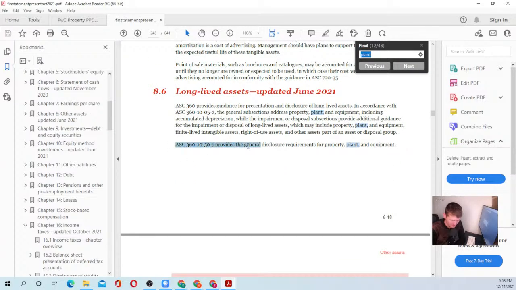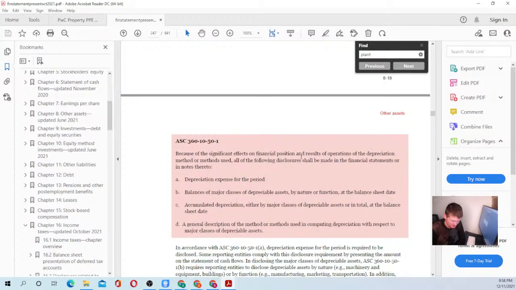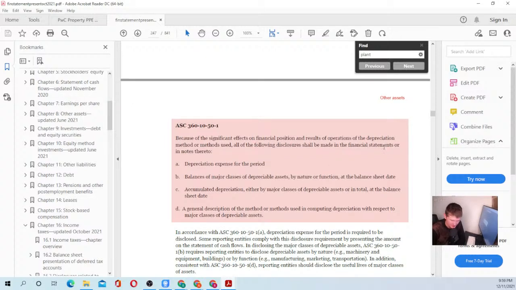ASC 360 provides the general disclosure requirements for property, plant, and equipment. Because of the significant effects on financial position and results of operations of the depreciation method or methods used, all of the following disclosures shall be made in the financial statements or in notes.